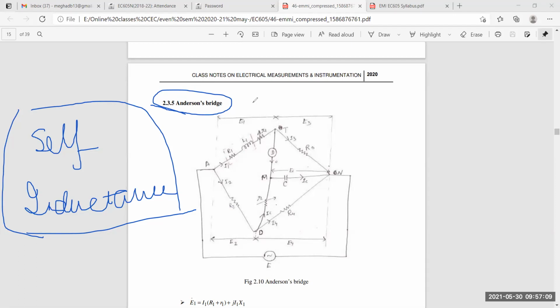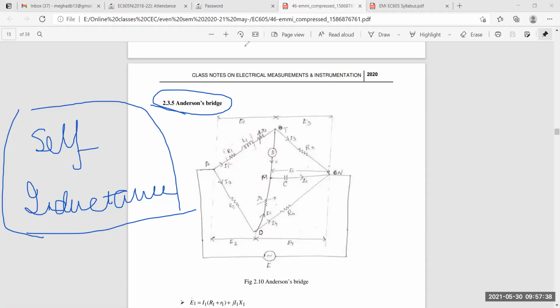We had an unknown inductance, and then we compared it with some resistance or with some capacitance. So with the requirement, we have changed the diagram. Somewhere we have connected the capacitor in series, somewhere in parallel. Similarly, here in Anderson, the unknown inductance is compared with the standard fixed capacitance.